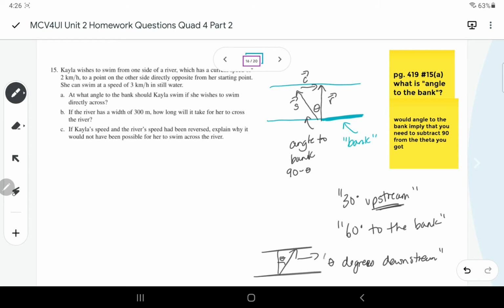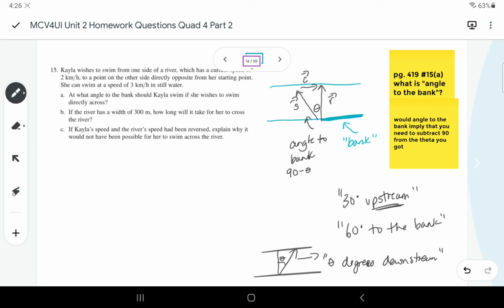Or you could say 30 degrees from directly across, or 30 degrees from perpendicular, whatever it was, but just describe where you're measuring that angle. I won't be too picky about the exact wording, but you can't just tell me she's at an angle of 30 degrees or 60 degrees. You have to say what you are measuring that from.